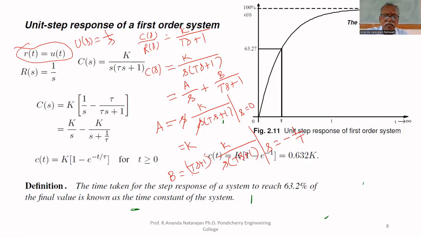These two are getting cancelled. If you substitute s equal to minus 1 by tau, you will get minus K tau.